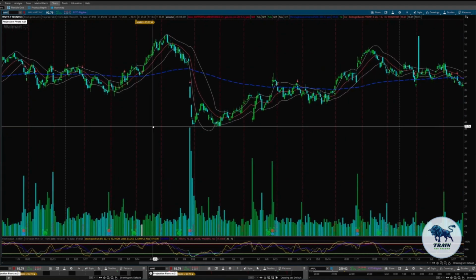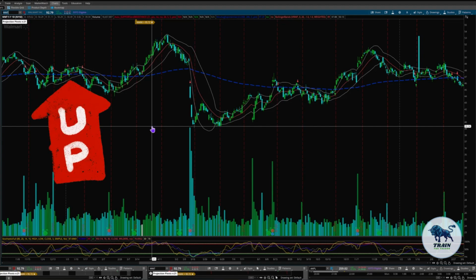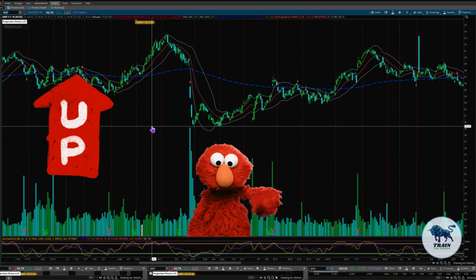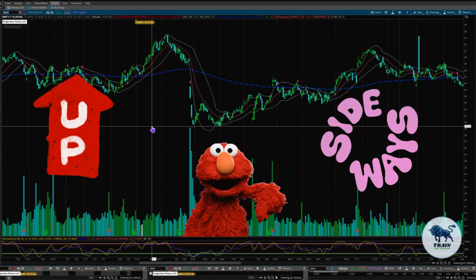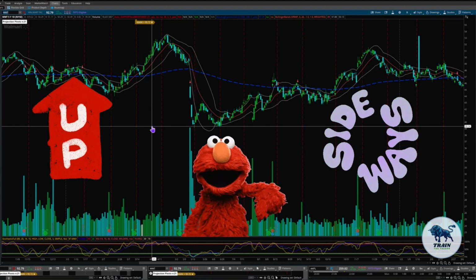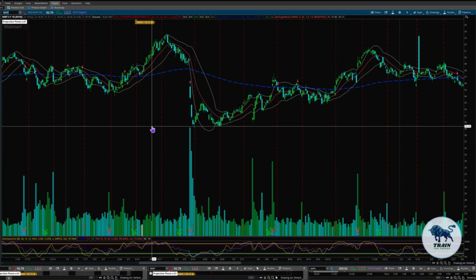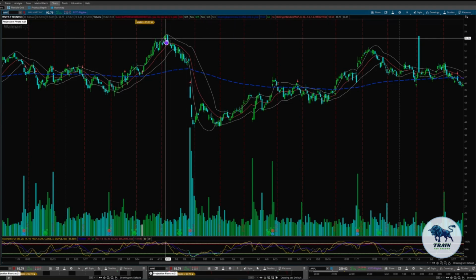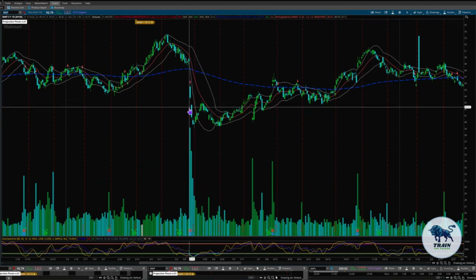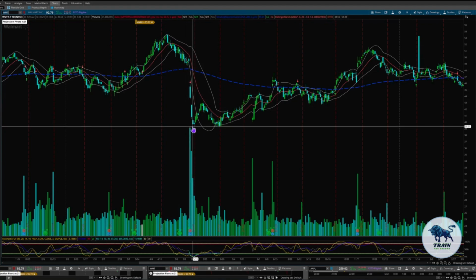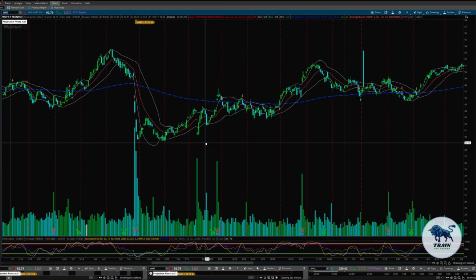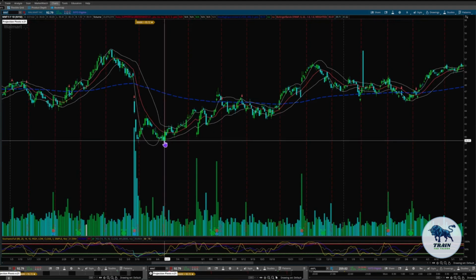Stocks can only do three things, ladies and gentlemen. They can only go up, they can only go down, and they can only go sideways. That's it. So the 200 EMA becomes very important because when you get a stock that is going down and it is below the 200, if it is a fundamentally strong company, it's only a matter of time before it what?